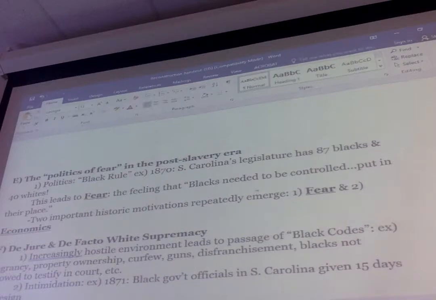There are certain parts where it might be 65% African American. So what happens now if you live in an area that's 65% African American and folks have the right to vote? What if they decide to vote in Barack Obama in Charleston, South Carolina? 1865. Is that possible? Yeah. Doesn't seem like it, but it's going to be very possible. And so there's a fear that develops.